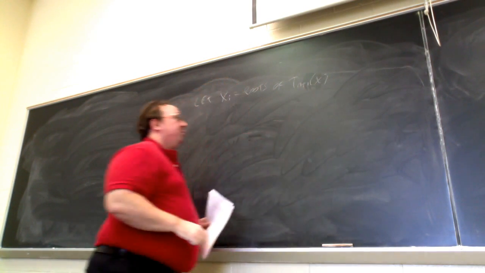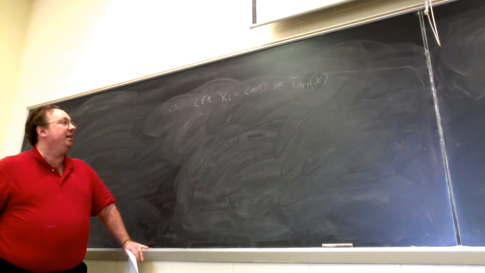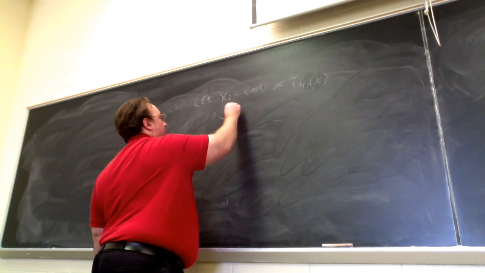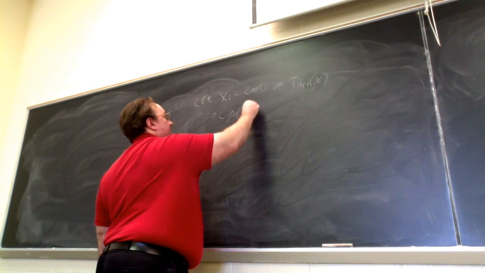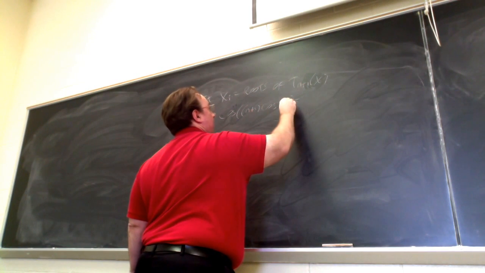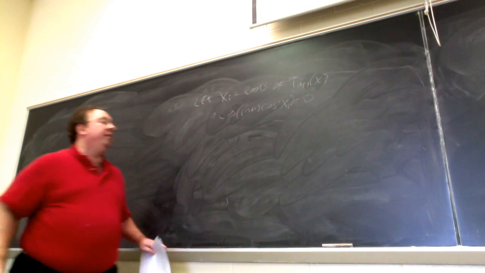So I have x_0, x_1, x_2, etc., up to x_n. Now, I can compute those roots. I have cosine of n plus 1 inverse cosine of x must be equal to 0.